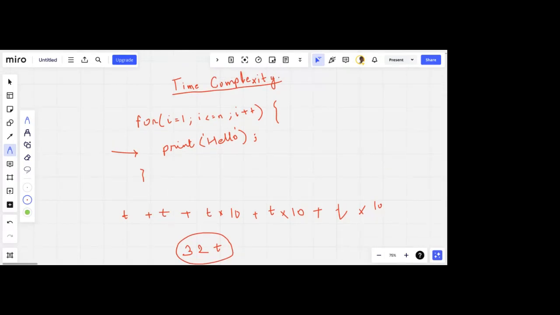Now the time complexity is always in the order of input. Okay, so in terms of this input n, you have to determine what is the time complexity of this particular algorithm. So if this statement is getting printed n times, we say that the time complexity here can be big O of n. Now what is this big O of n? We'll understand that.